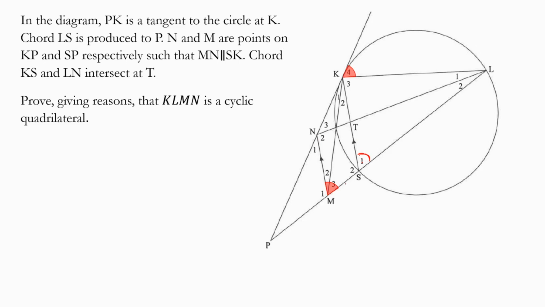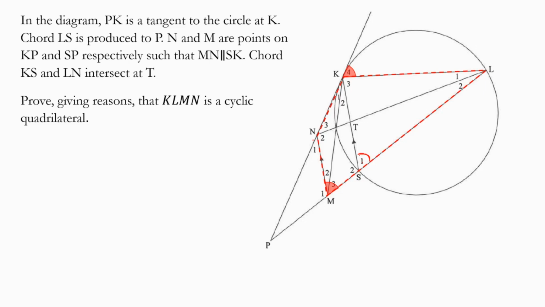And then angle S1 is equal to angle NML because they are corresponding angles, since NM is parallel to SK. We want to prove that KLMN is a cyclic quad. So this is the quadrilateral that we're talking about. KLMN. Is it a cyclic quad?